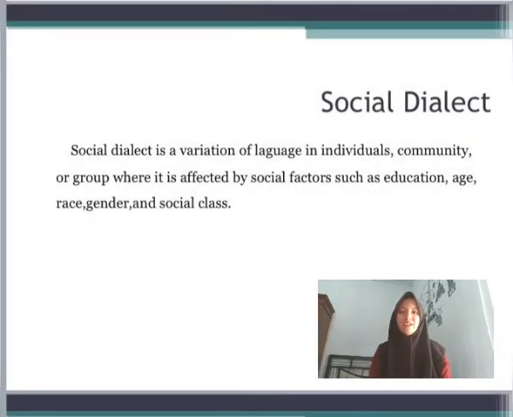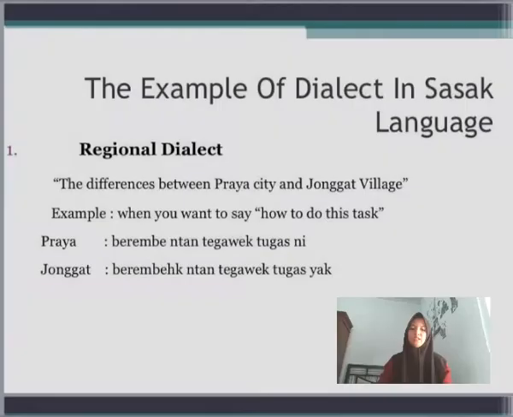Okay, the second dialect is social dialect. Social dialect is a variation of language in individuals, communities, or groups, affected by social factors such as education, age, race, gender, and social class.